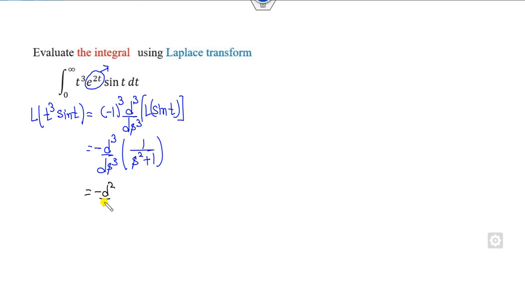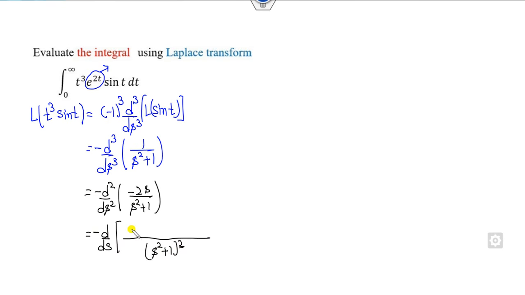What is the first derivative of this? It is minus 2s over s square plus 1 whole square. Minus minus I can take as a positive. What is the next derivative of this? It will be s square plus 1 square in the denominator, and s square plus 1 times minus 2 minus plus 2s times 2s.